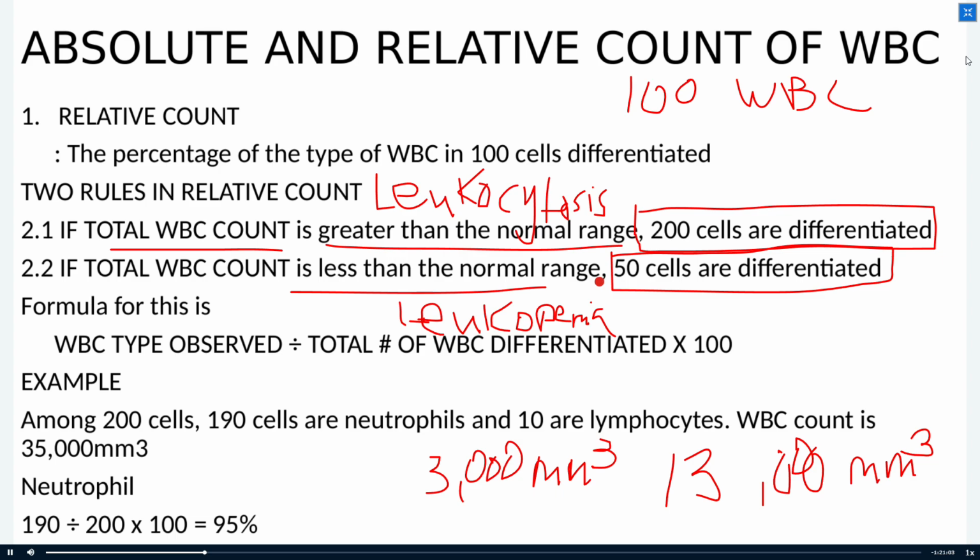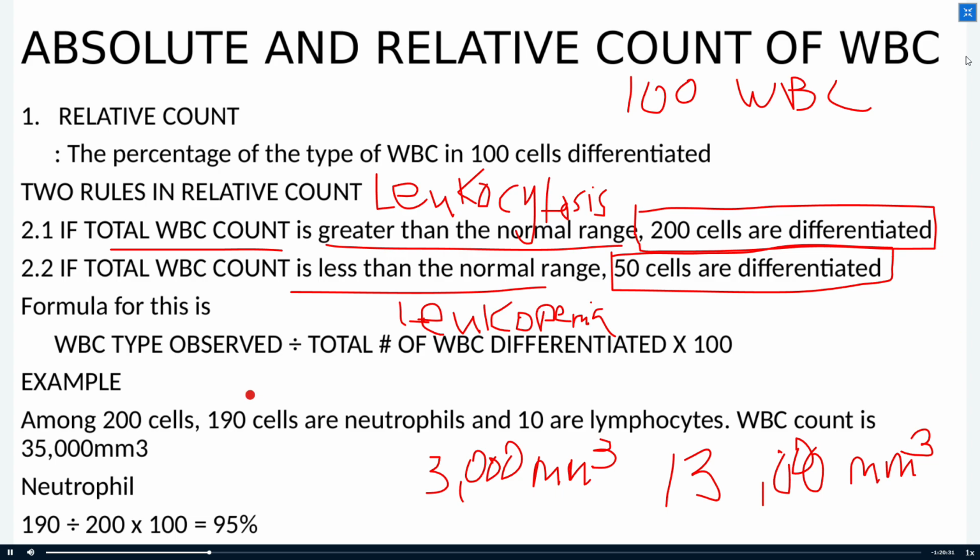Again, if there is a variation in the total WBC count, whether increase or decrease, let's say increase siya, may leukocytosis greater than 11,000, you would have to count the 200 WBCs. Kapag naman less than normal, let's say less than 4,500, you have leukopenia, you have to count 50 WBCs.